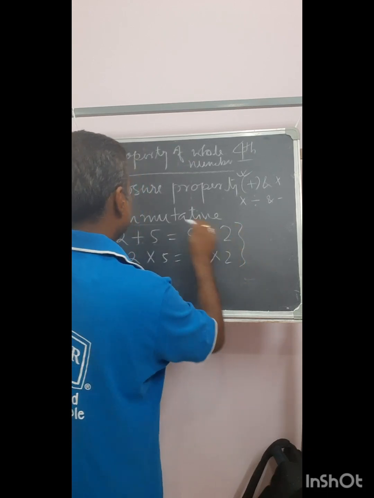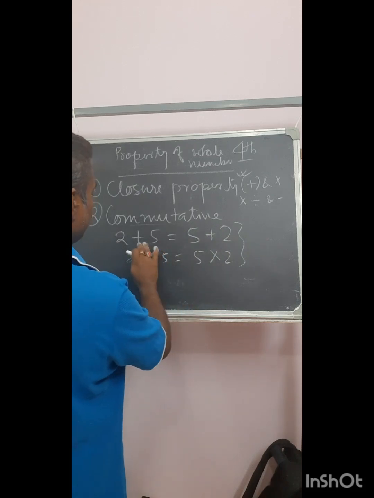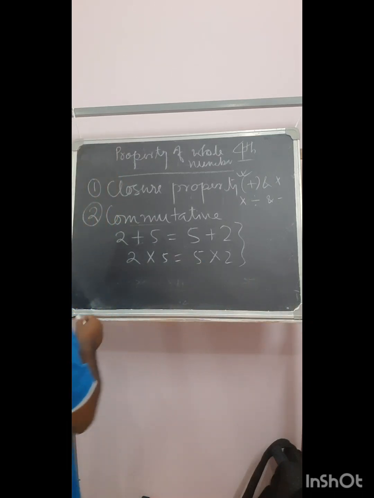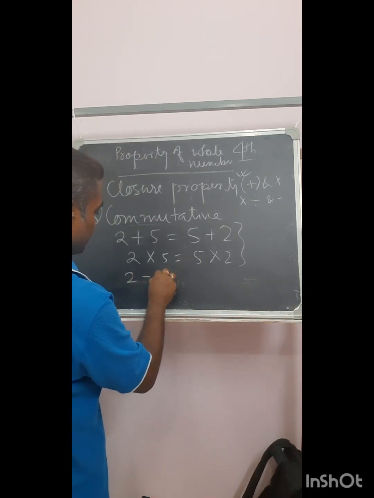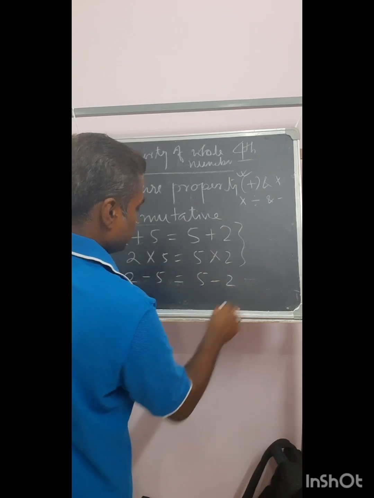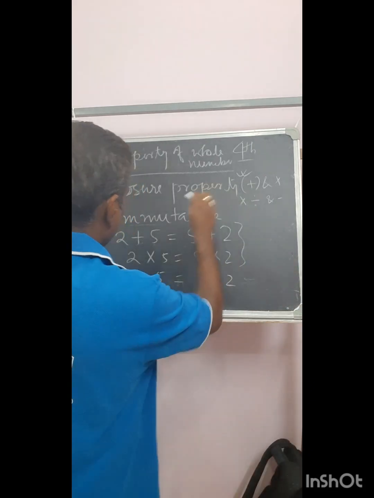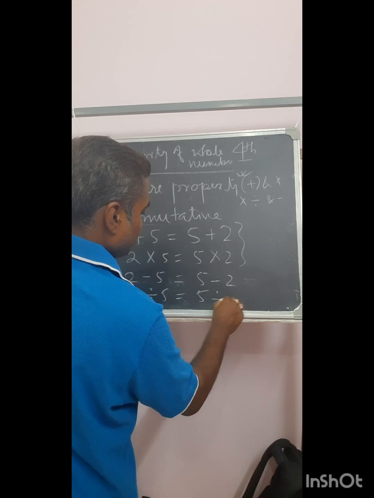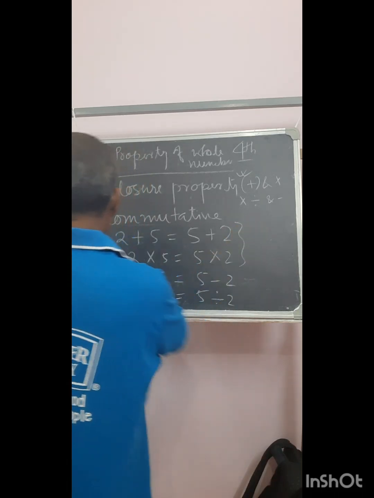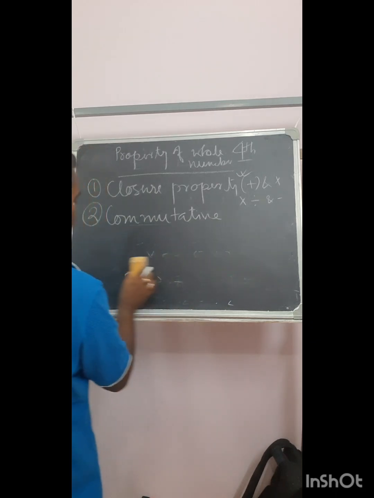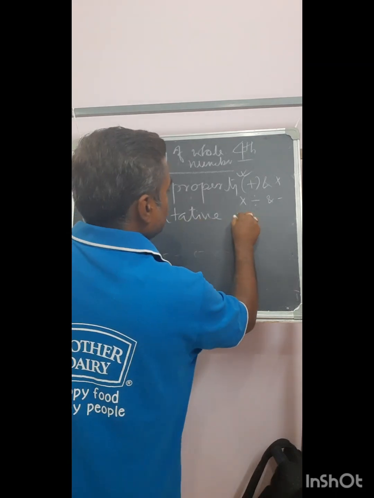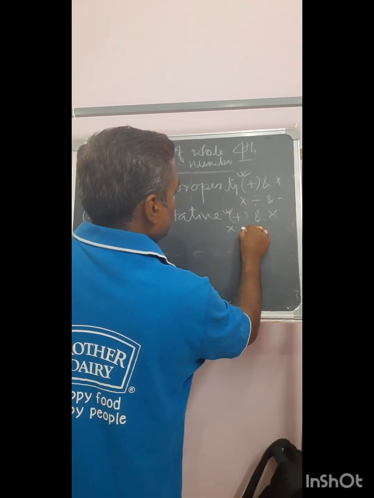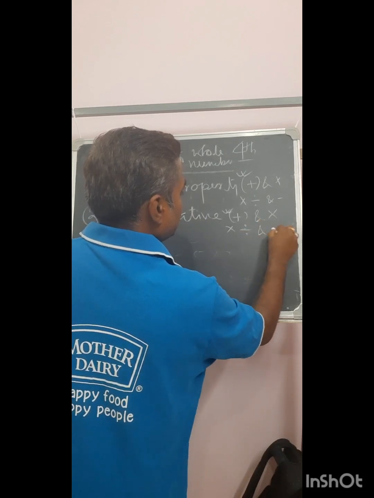So these two support the commutative law, which says if you change the position, the result will be the same. Now if I take subtraction, the result changes, so it doesn't follow the commutative law. Same with division, it also doesn't follow the rule. So commutative law is good for plus and multiplication, but not for division and subtraction.